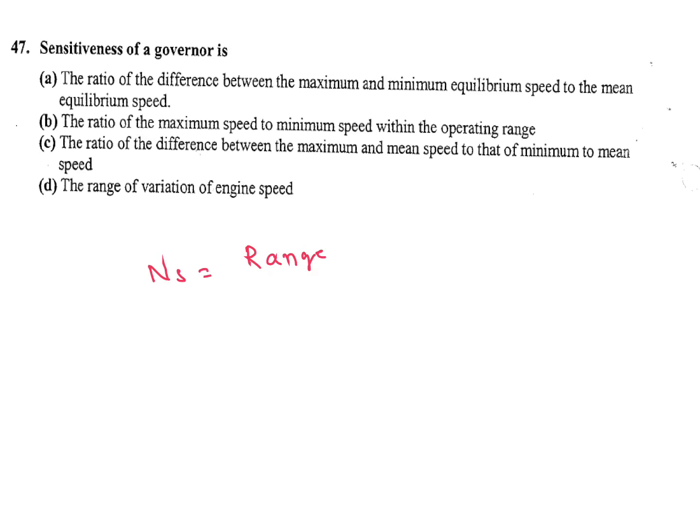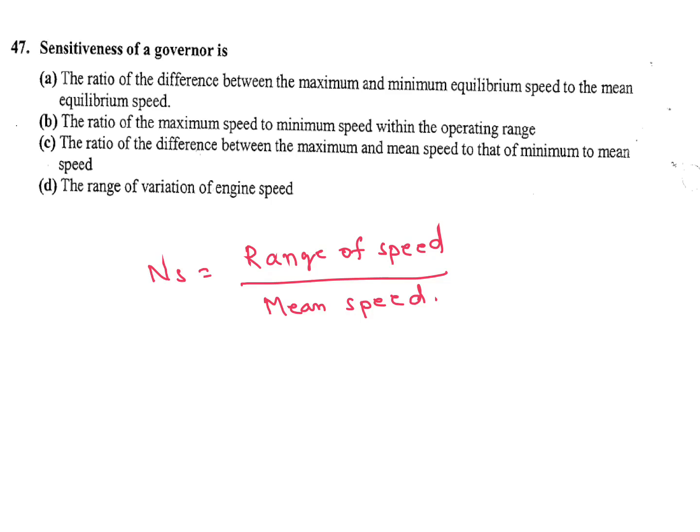Range of speed by mean speed. Sensitiveness of a governor with load, NS, equals range of speed divided by mean speed.